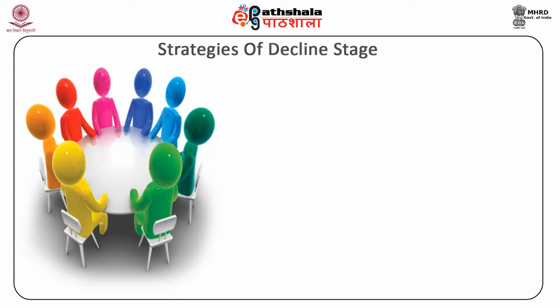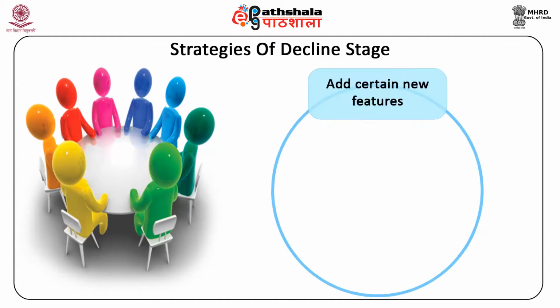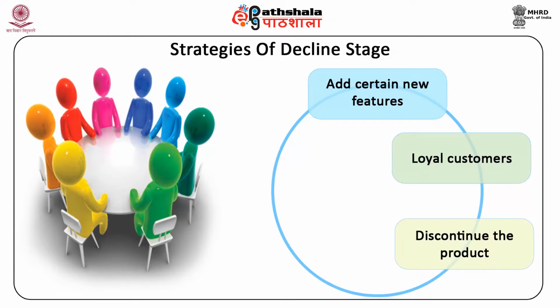The product can be maintained in the market for some more time by adding certain new features and finding new users. Next, the company can continue to offer the product to its loyal customers at a reduced price. Next, they can even discontinue the product. Next, use the product as a replacement product for launching another new product successfully in the market.